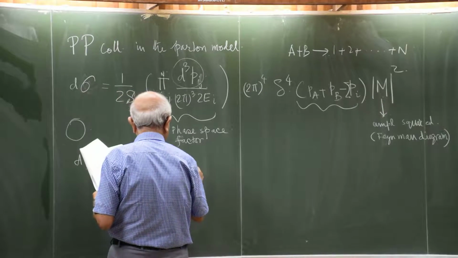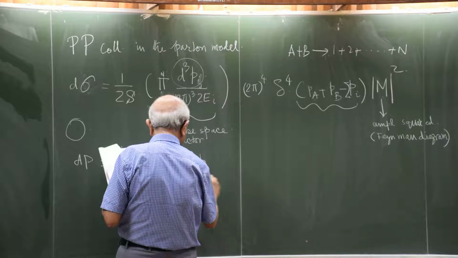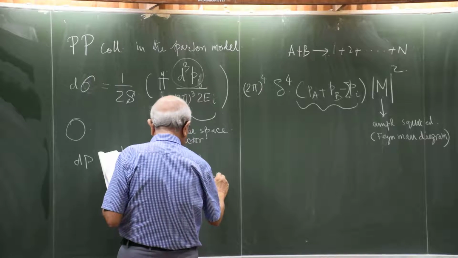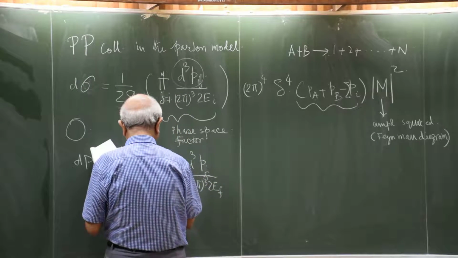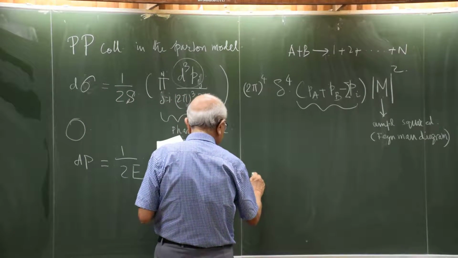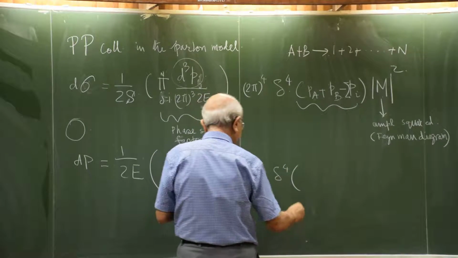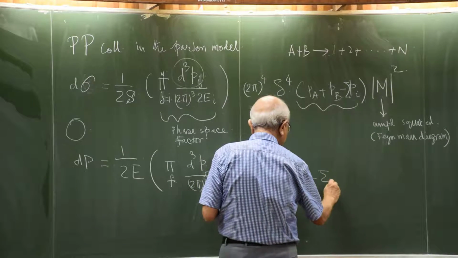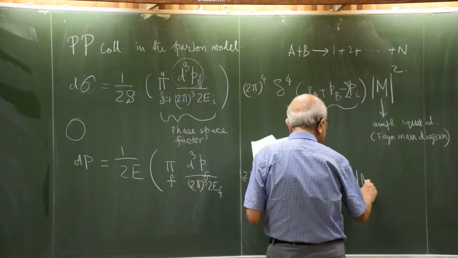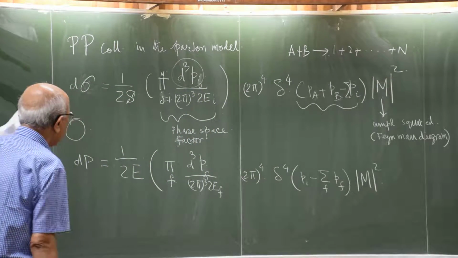I write d3pf, there is a product over f, and then this is the energy momentum conserving delta function, and again a matrix element squared, which again depends on dynamics.